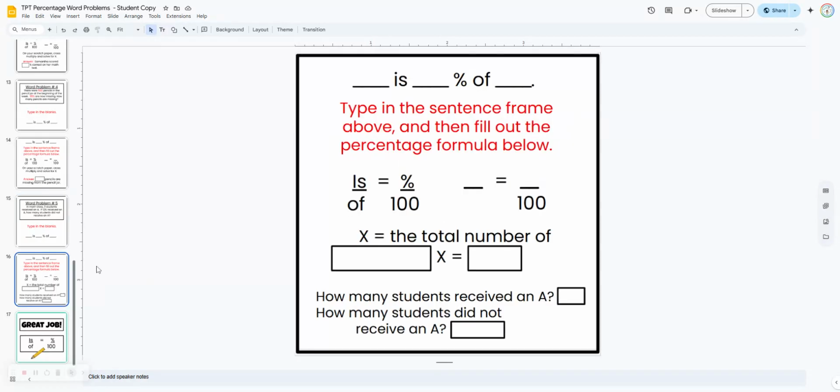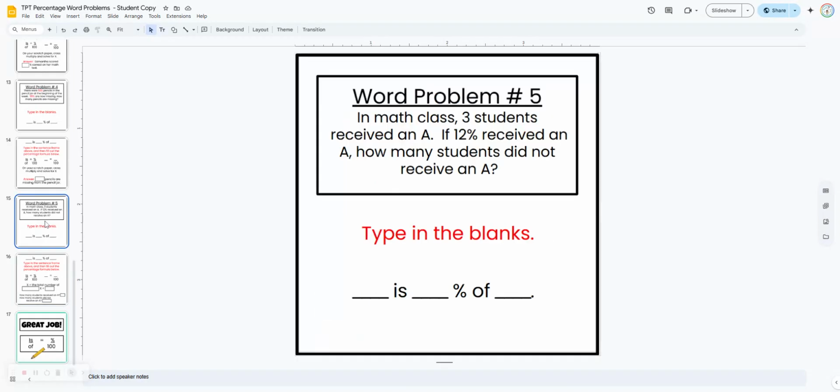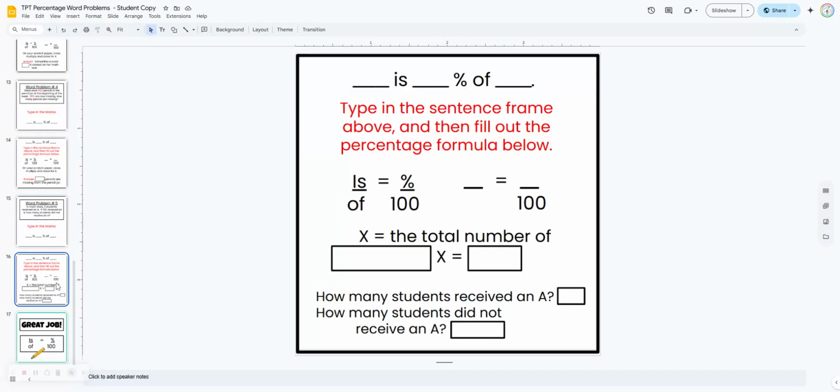What they're asking for is how many students did not receive an A. You know that 3 did, so when you find out how many students are in the class, you can subtract that 3 from the total. So they have to do a little bit more thinking on that last one.